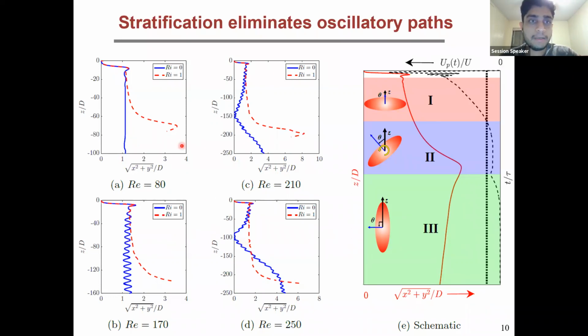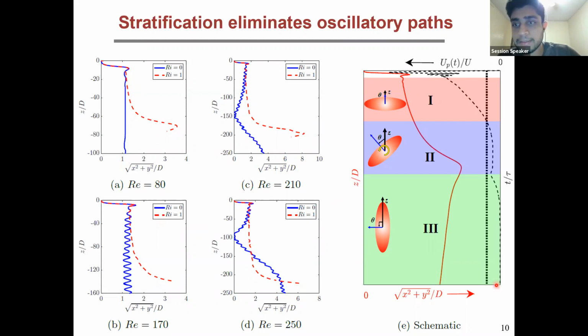As we introduce stratification, we observe that these oscillatory paths are eliminated, and the trajectory is basically similar for all the Reynolds numbers.